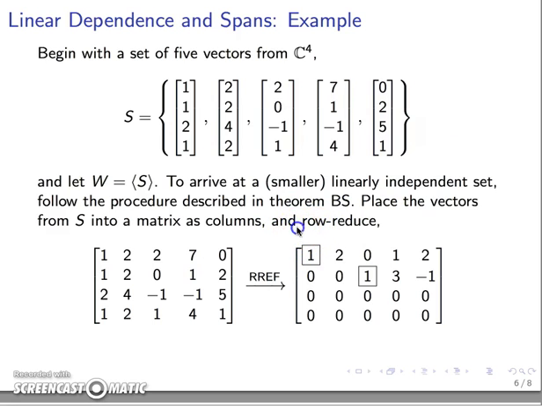So here R equals 2, and very importantly, the set of indices that we care about contains the number 1, and it also contains the number 3.